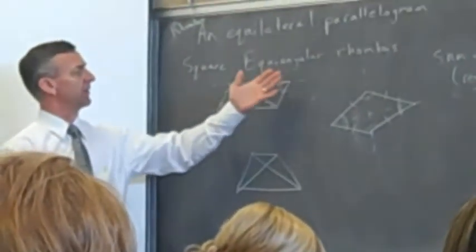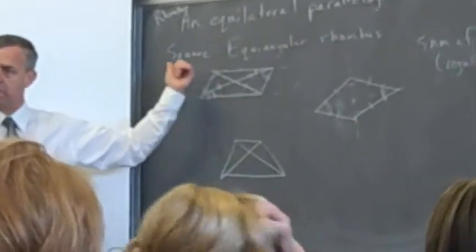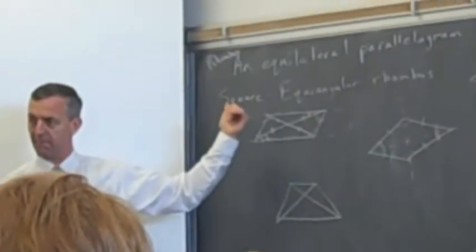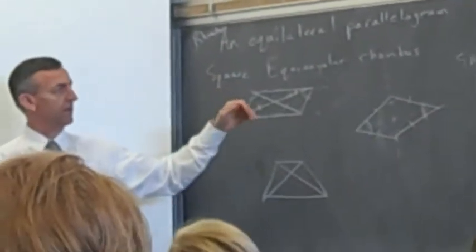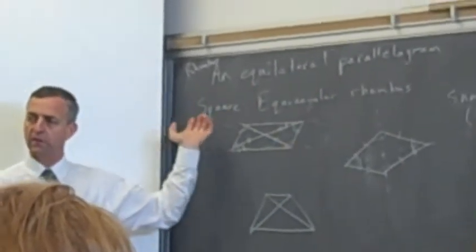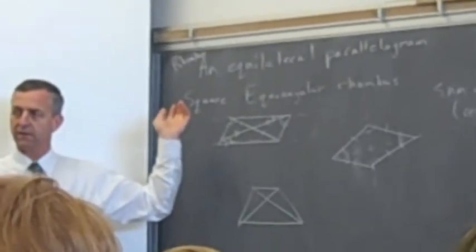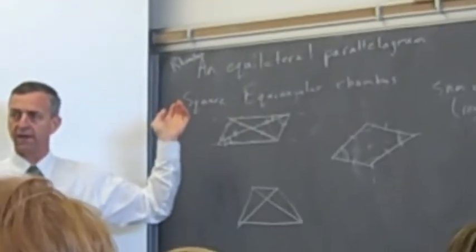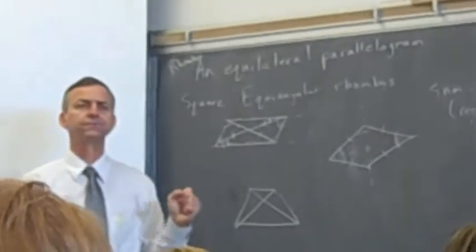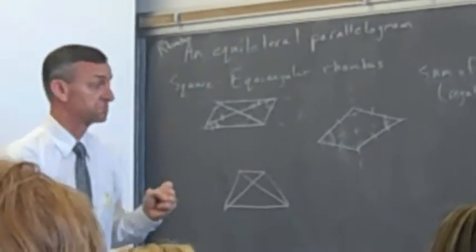Will that do it? Could you draw an equiangular rhombus that wasn't a square? Can you draw an equiangular rhombus and have it turn out to not be a square? Okay. Anybody have another definition for square? Could you say like equilateral rectangle?